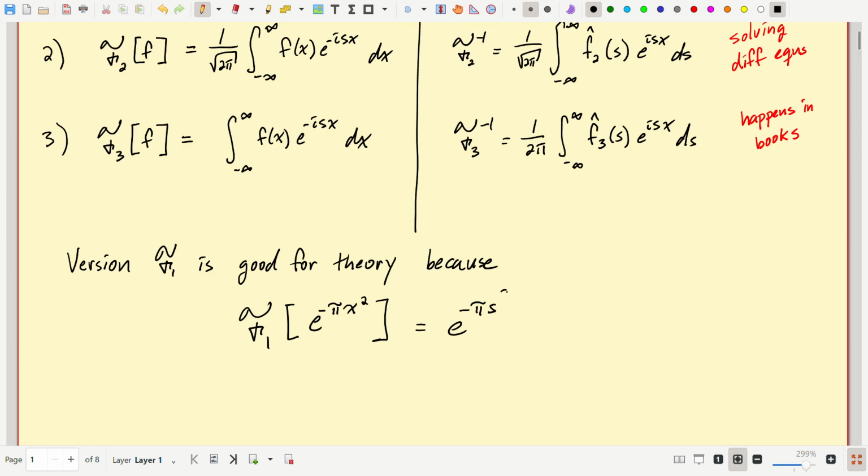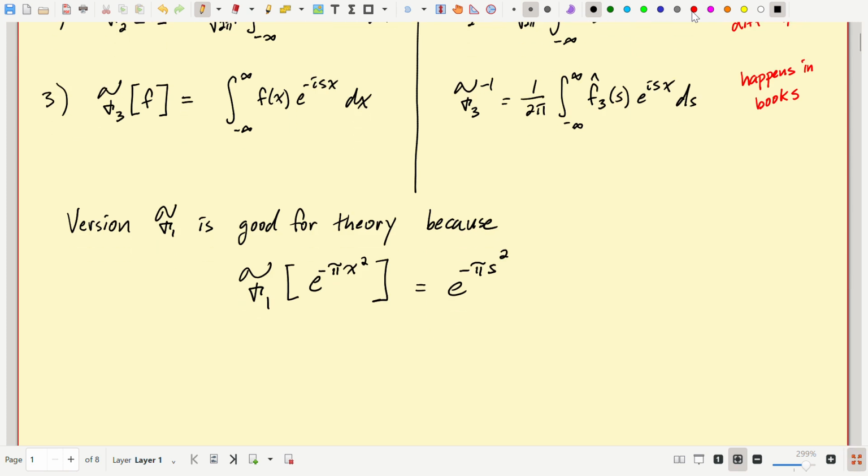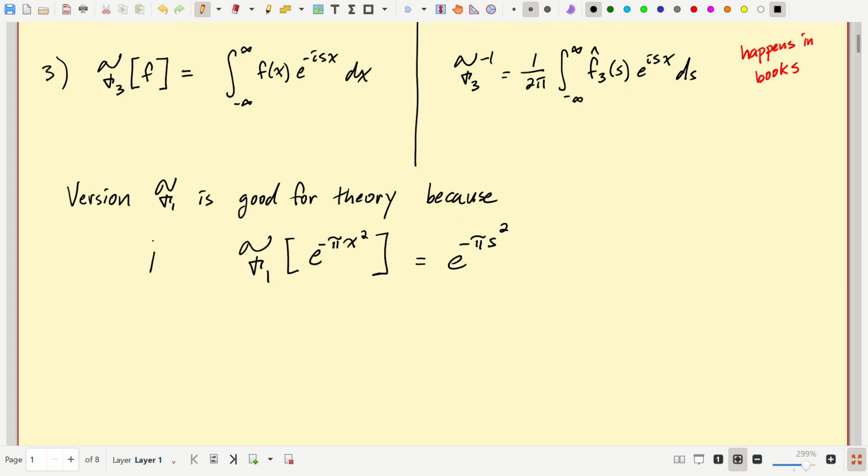It would be the function of s, e to the minus pi s squared. So that maps that thing to itself, and that's a very important feature, as we'll see in a minute. So that's one good reason for the theory version.